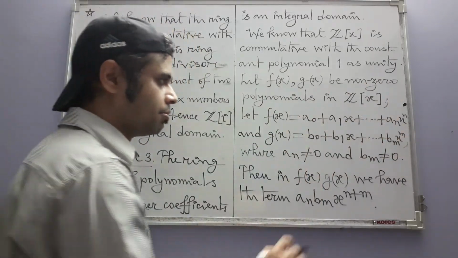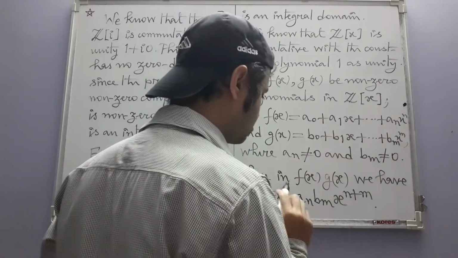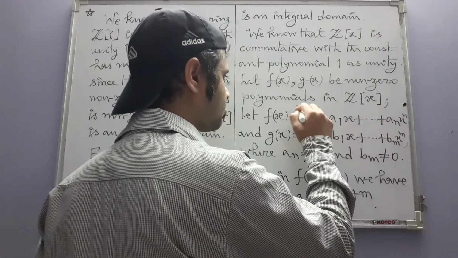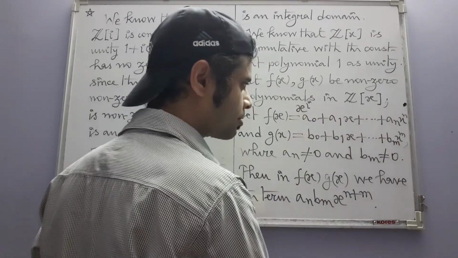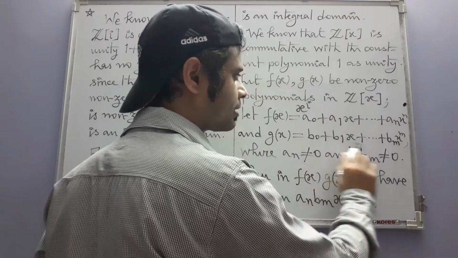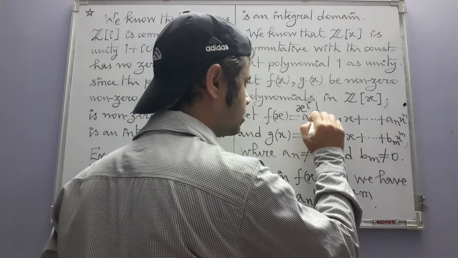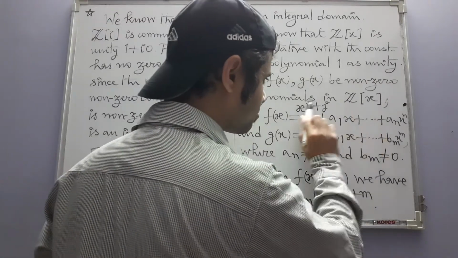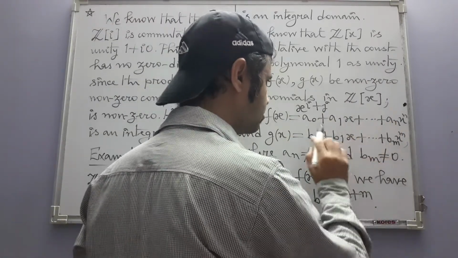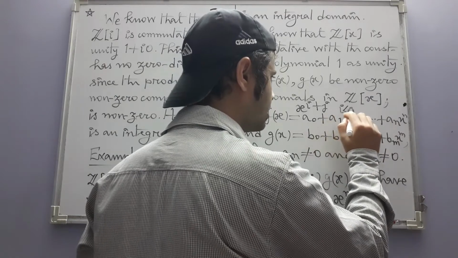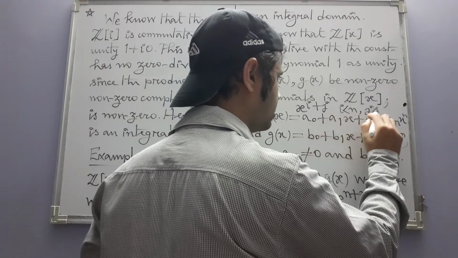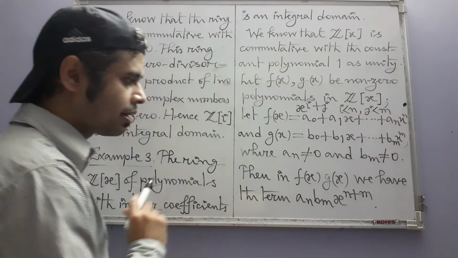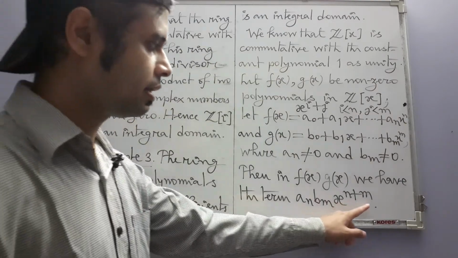Why? Because in the other terms, what will you have? You have some power of x, x to the power i, and another power of x, x to the power j. So i plus j. And because we are talking about the other terms other than these two, i is less than n and j is less than m. So i plus j will be strictly less than n plus m.